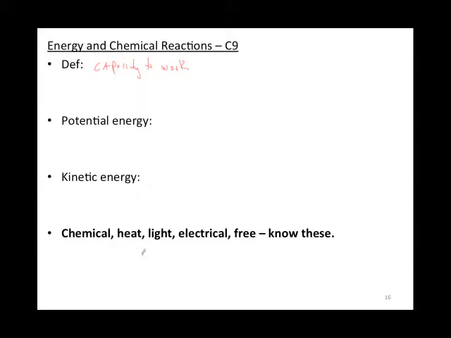In the body, the energy currency that the cells rely on is something called ATP, adenosine triphosphate. That is the body's energy currency. Essentially, it is a type of what we call potential energy.